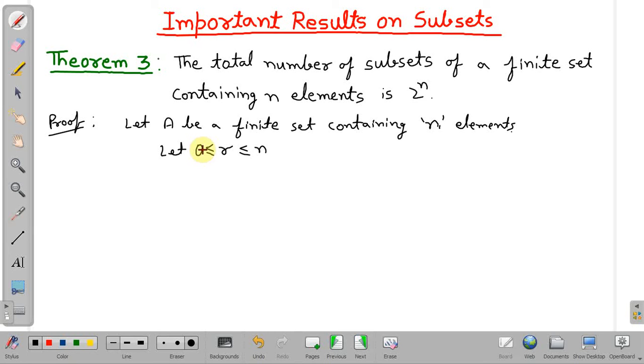So what will be the number of subsets containing r elements out of n elements?